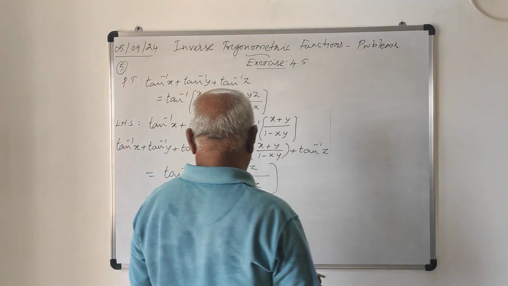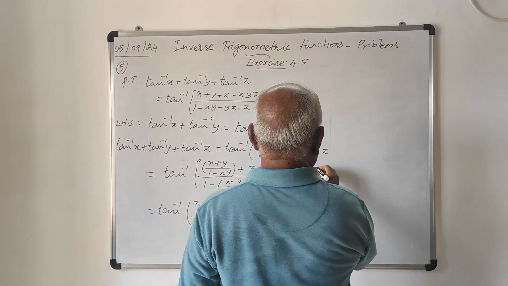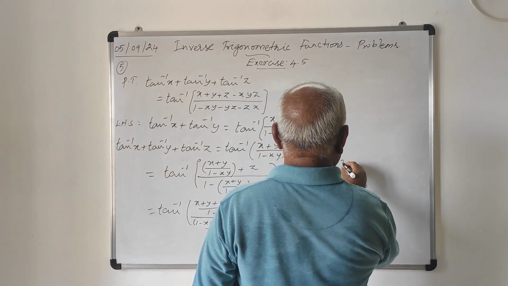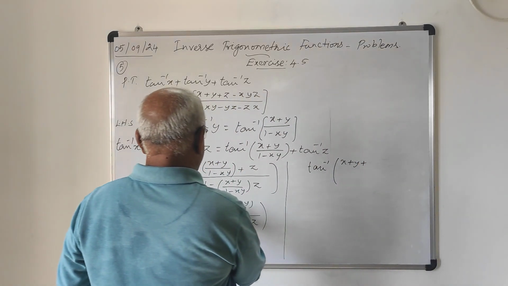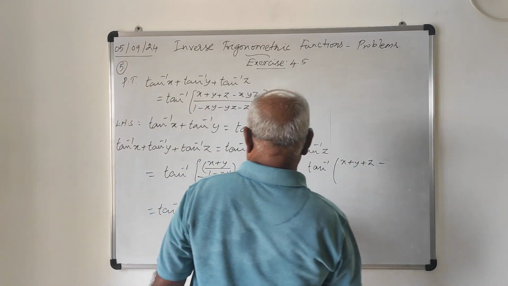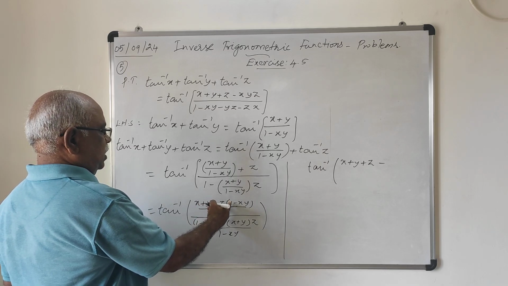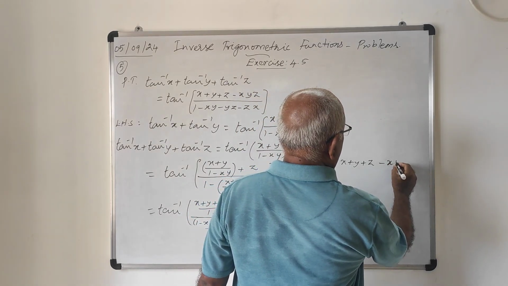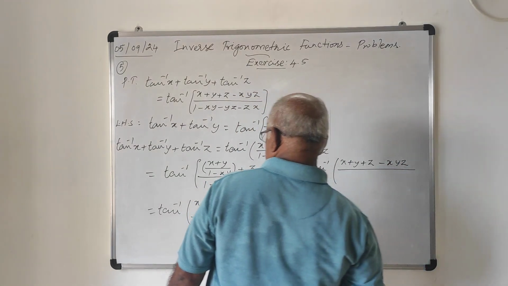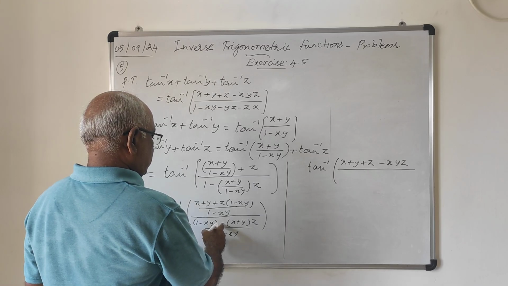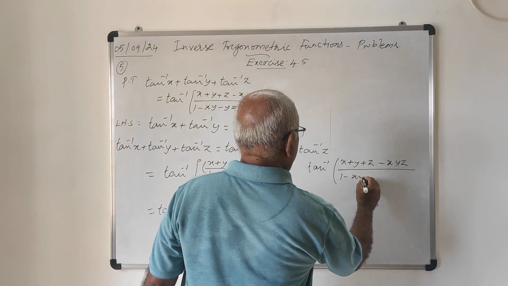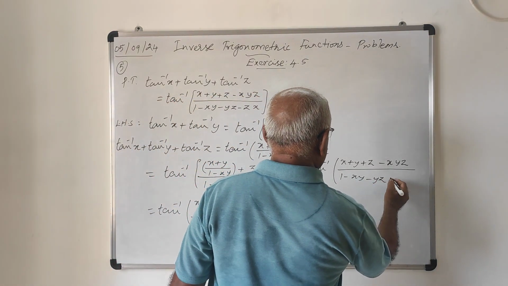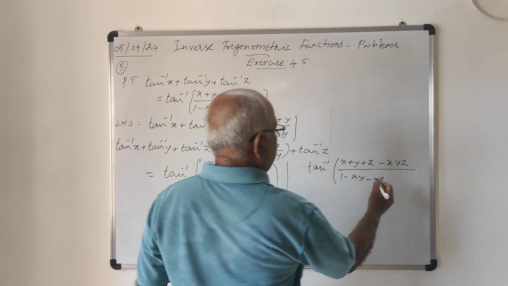Therefore, you get tan inverse of x plus y plus z into 1 is z, plus into minus, minus z into xy, that is minus xyz, divided by, similarly, 1 minus xy minus yz minus zx.